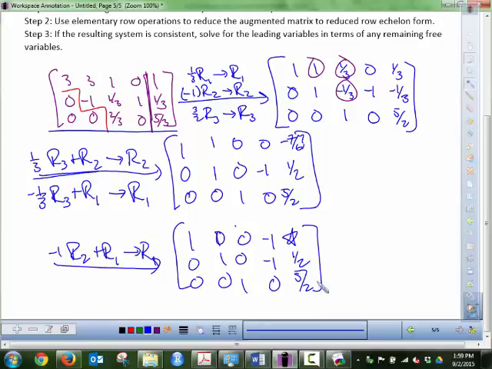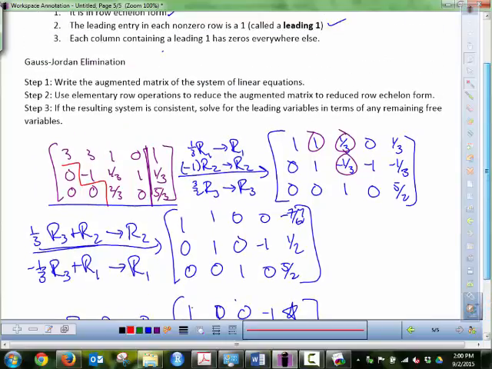Let's look at the definition. Number 1. Right. So number 1, it's in row echelon form. Yes, check. Number 2, the leading entries are 1. Yes, check. Number 3, for any of these leading entries that are 1, everything else in that column is 0. Does this have a leading entry of 1? So we don't count that.